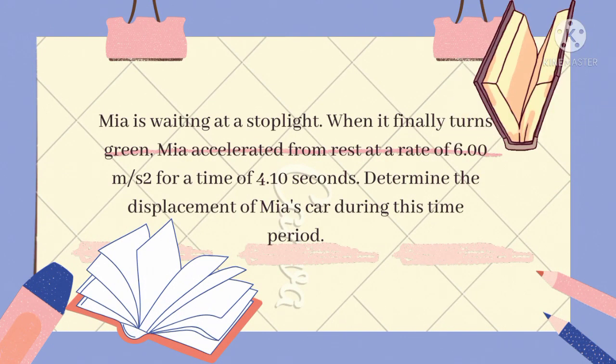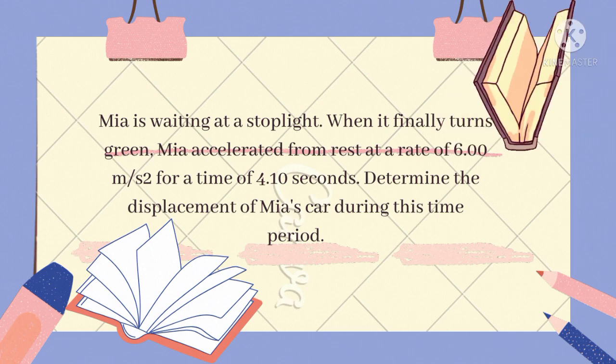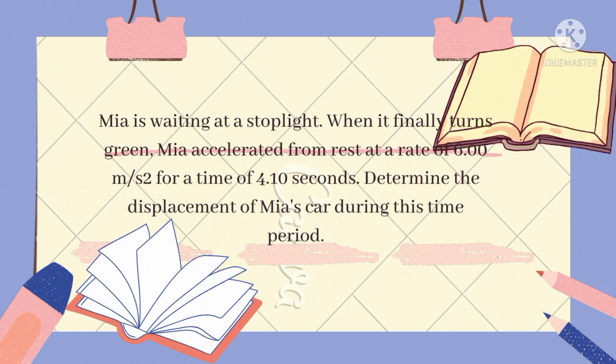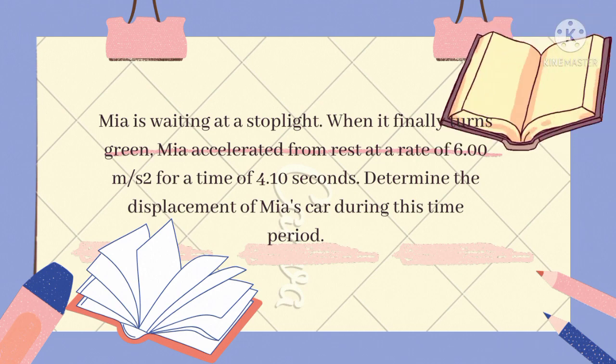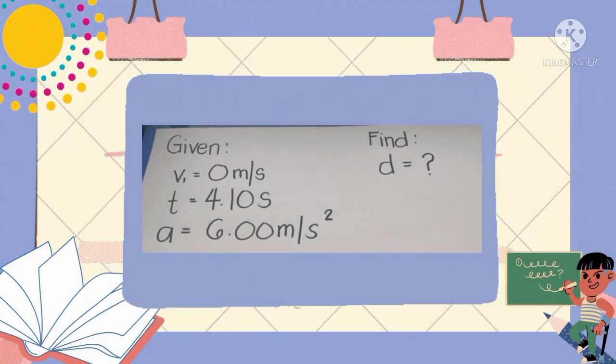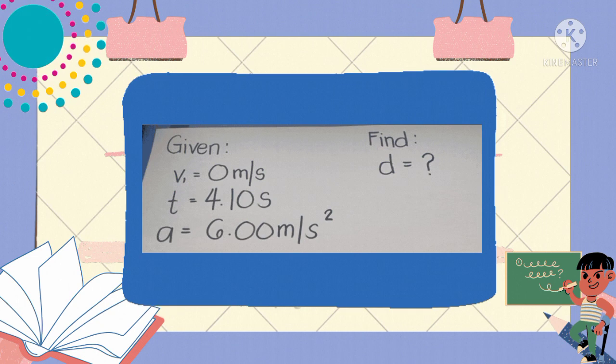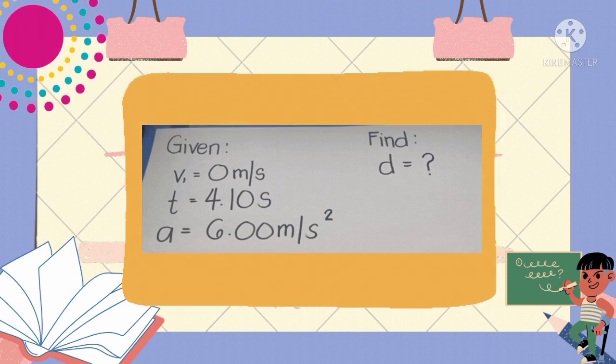Mia is waiting at a stoplight. When it finally turns green, Mia accelerates from rest at a rate of 6 meters per second squared for a time of 4.10 seconds. Determine the displacement of Mia's car during this time period. Here are the givens. We have the initial velocity of 0 meters per second.